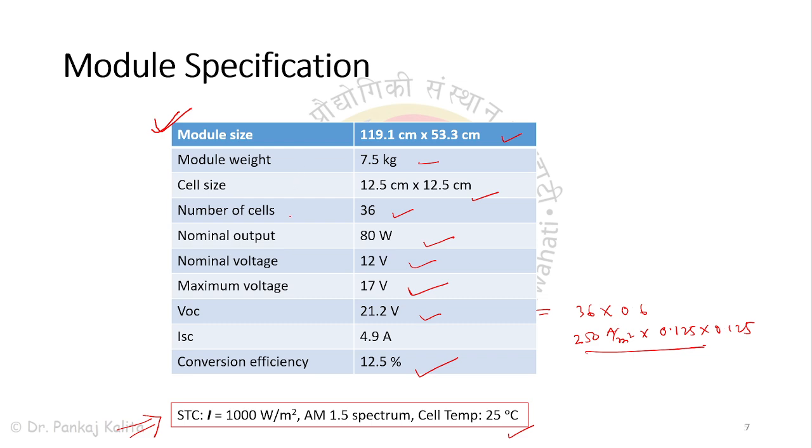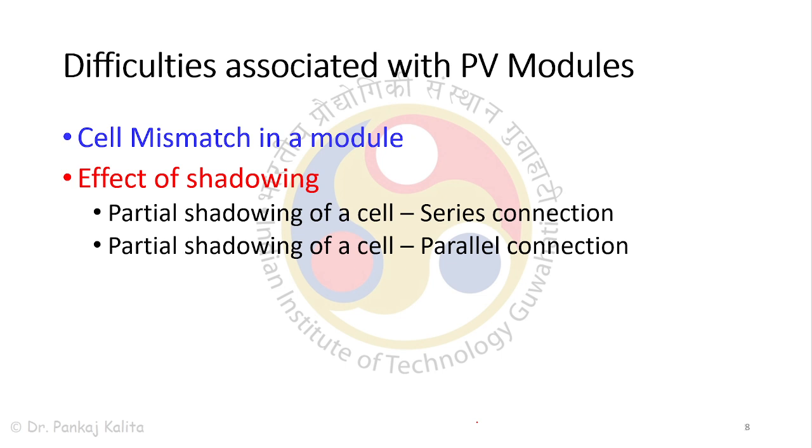Normally weight, size, number of cells, nominal output voltage, maximum voltage, VOC, ISC, and conversion efficiency are given. And these are for the standard test condition, that is 1000 watt per meter square, air mass index 1.5, and cell temperature 25 degrees Celsius.